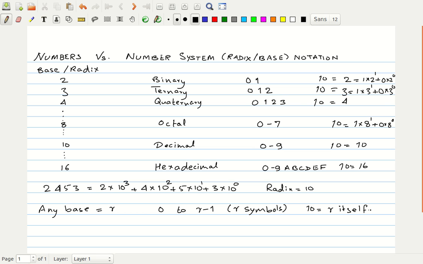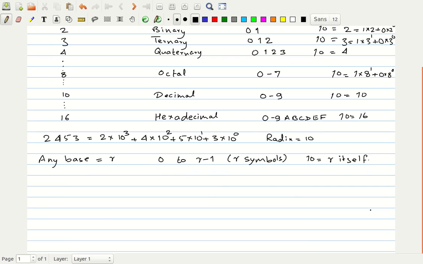Once we know this, now let us talk about some basic rules of addition. We will start with what we do in normal base 10, and whatever we do in base 10, we have to do the same thing in any other base.